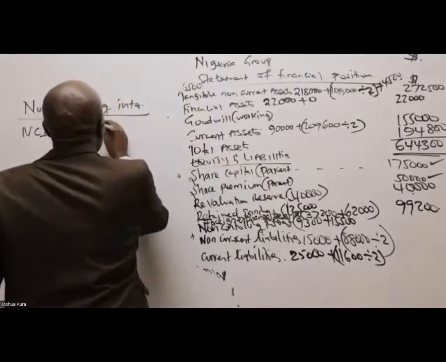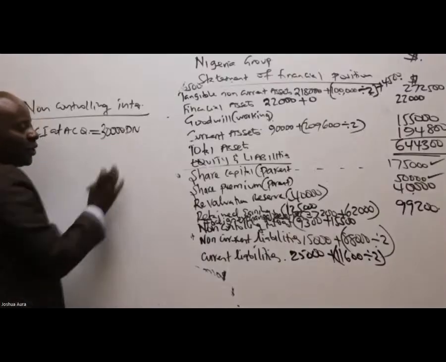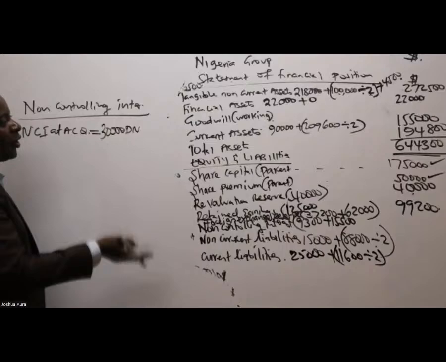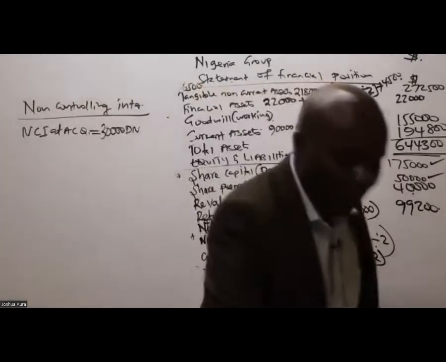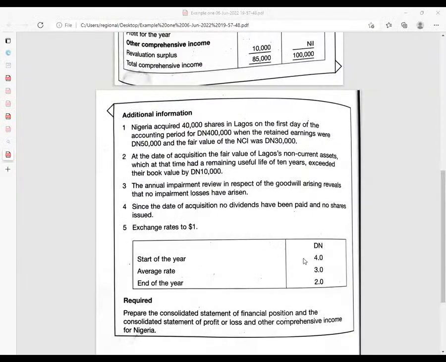But now remember that this 30,000 is in foreign currency, DNs. I need to retranslate this. Of course, I know I'm dividing. So what should I divide this with, 2 or 4? It can't be the end of the year. It has to be the start of the year when I was acquiring. Why am I saying that?